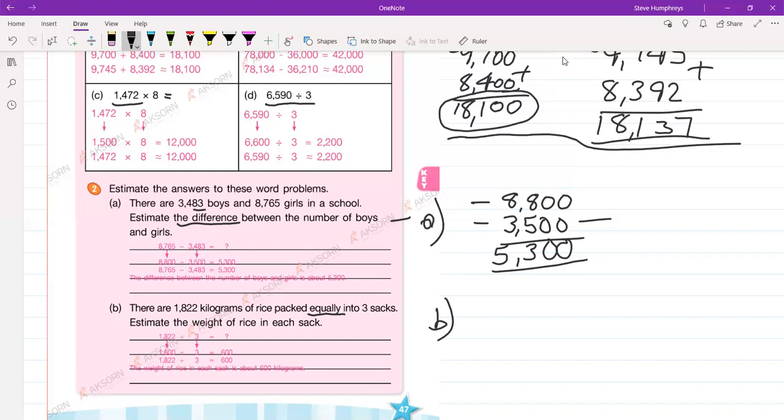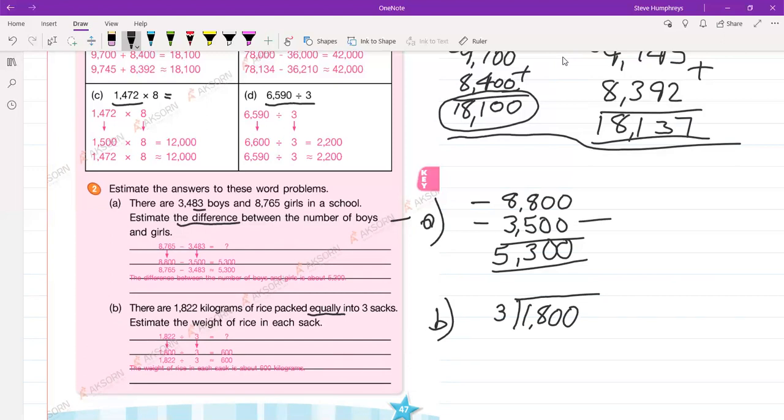When you're going to round your number, it's got to be divisible by 3. So I will round 1,822 down to 1,800. And then you're going to divide it by 3.